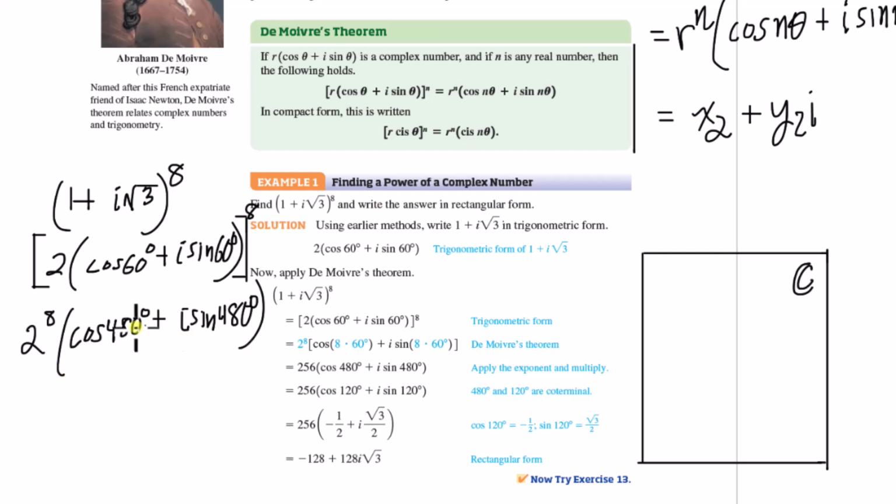Because if you put this in rectangular form, you still have the exact same coordinates. If you use the angle 480 or 120, it's the exact same coordinates in the complex plane. But if you put 480, it kind of makes it seem like there's two complex planes or something, and there's not. There's only one plane of complex numbers.